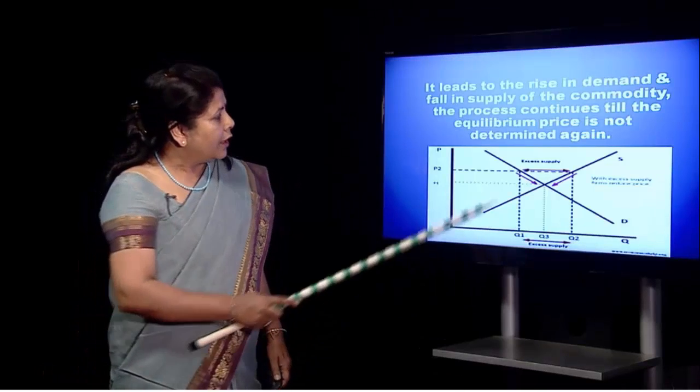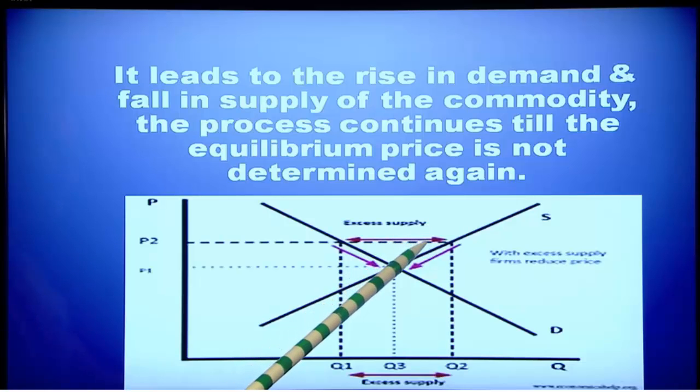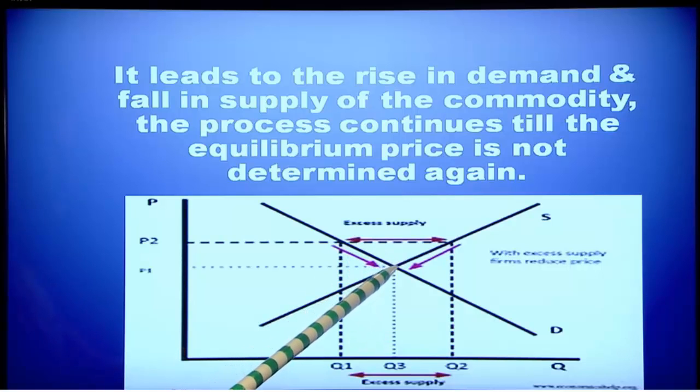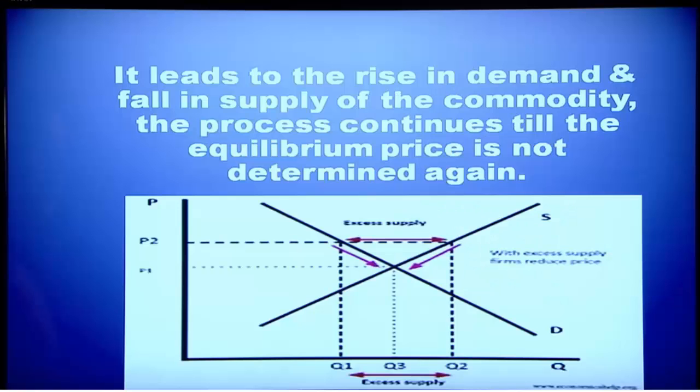Let us see this in the diagram. This is a situation of excess supply. When price is more, suppliers will try to reduce the supply, and this automatic adjustment goes on happening till the equilibrium level is achieved, till P1, Q3 are achieved. This is hence what happens in case of excess demand and supply.